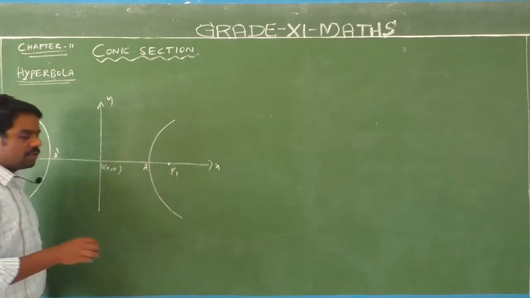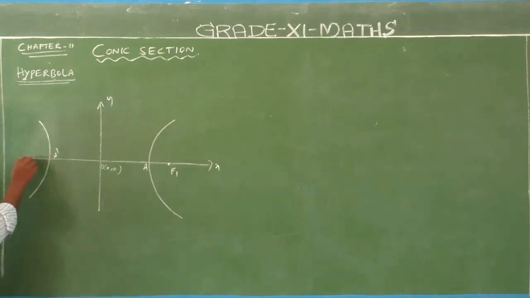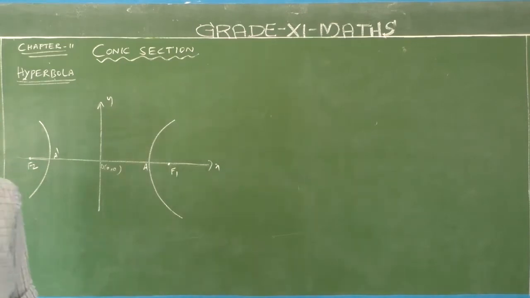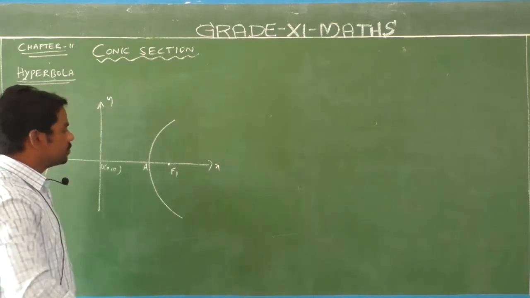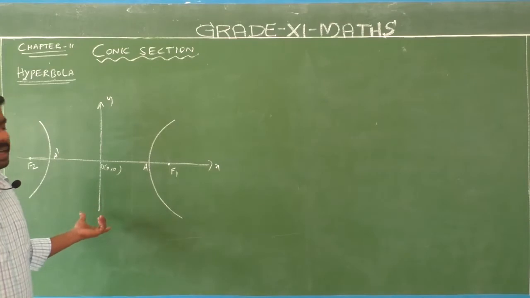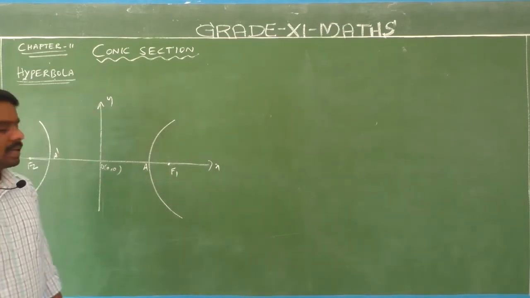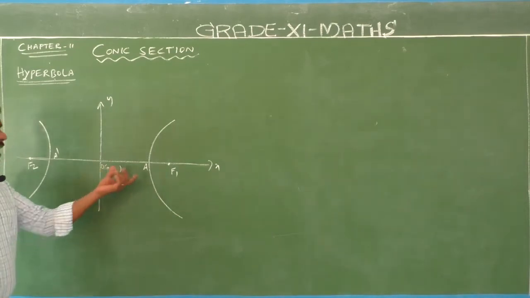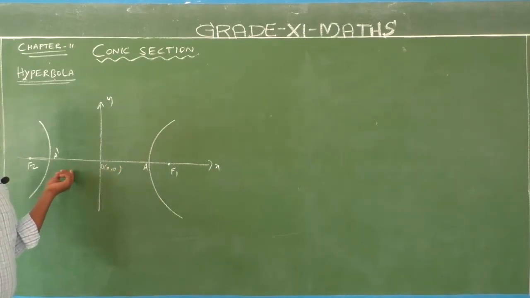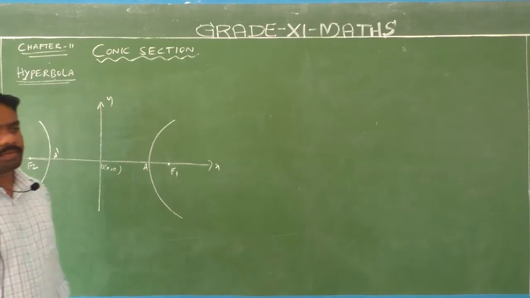F1 and F2 are the foci. Here the transverse axis is the x-axis and the conjugate axis is the y-axis. The center is at the origin, and A and A dash are the vertices of the given hyperbola.